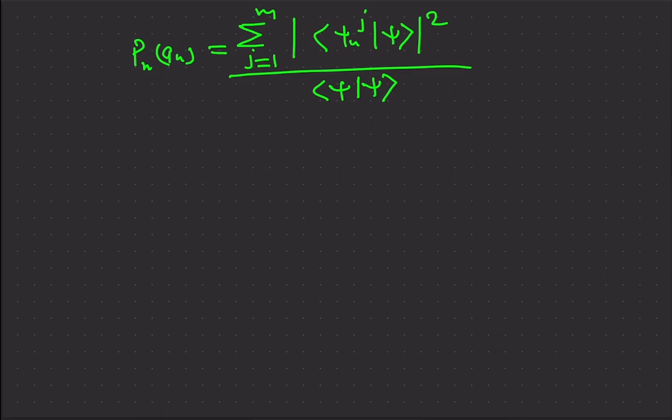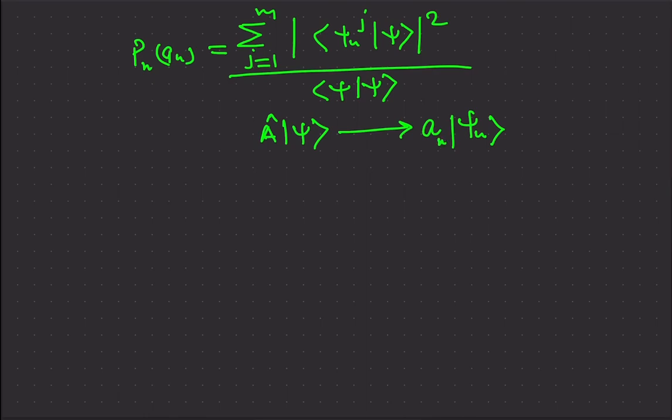The act of measurement changes the state of the system from ket psi to psi n. That means if we operate an operator A on ket psi, then it changes to ket psi n with eigenvalue an.